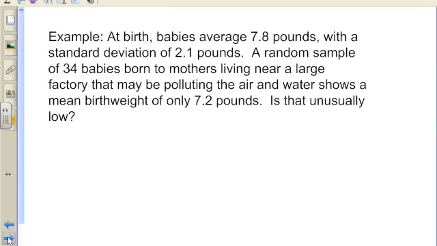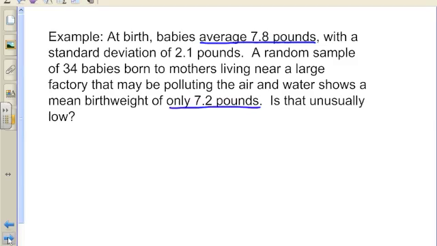At birth, babies average 7.8 pounds with a standard deviation of 2.1 pounds. Now, this is truth here, okay? If I could look at every baby in the universe, this is the average birth weight. So a random sample of 34 babies born to mothers living near a large factory that may be polluting the air and water shows a mean birth weight of only 7.2 pounds.